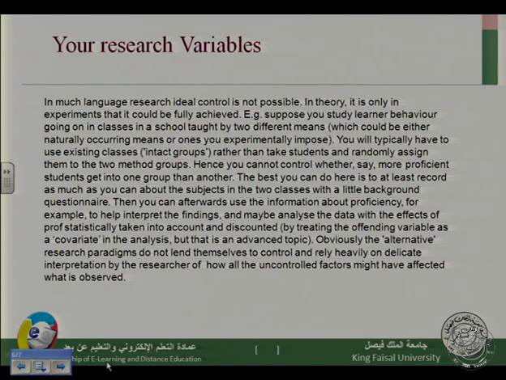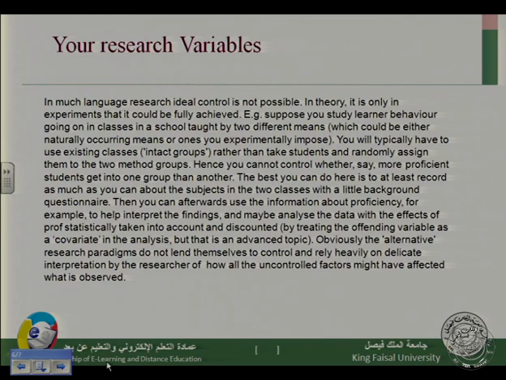The best you can do here is to at least record as much as you can about the subjects in the two classes with a little background questionnaire. Then you can afterwards use the information about proficiency, for example, to help interpret the findings and maybe analyze the data with the effects of proficiency statistically taken into account and discounted by treating the offending variable as a covariate in the analysis.